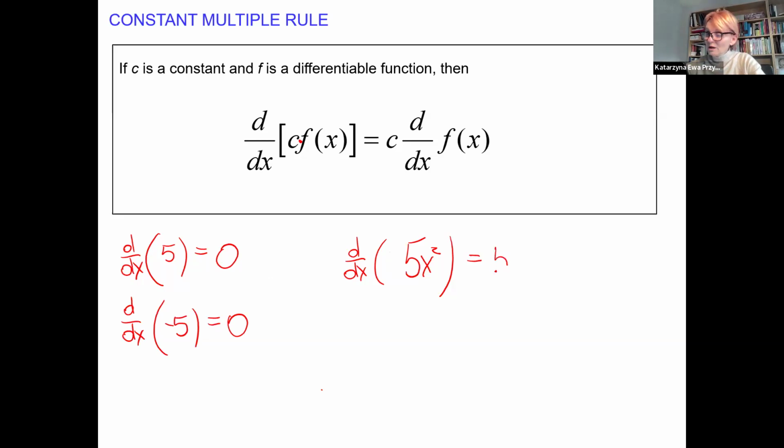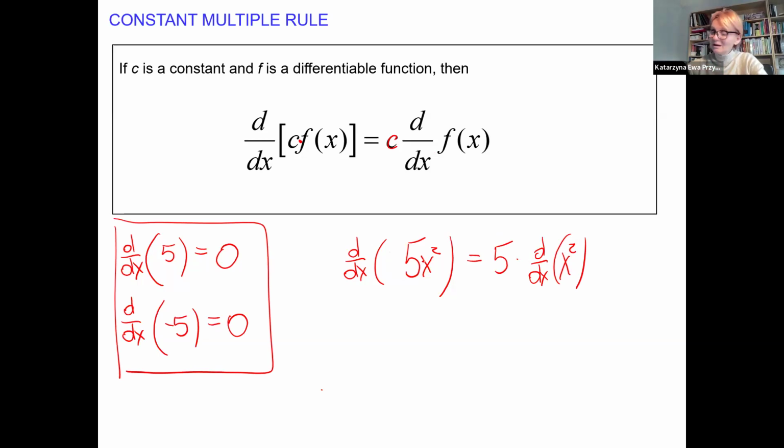We can keep that constant outside and just focus on the variable, but we still have to keep that constant. It will not be 0, only 0 for a horizontal line. This is not a horizontal line. Think of it as a parabola, a slim parabola, because each value is multiplied by 5.